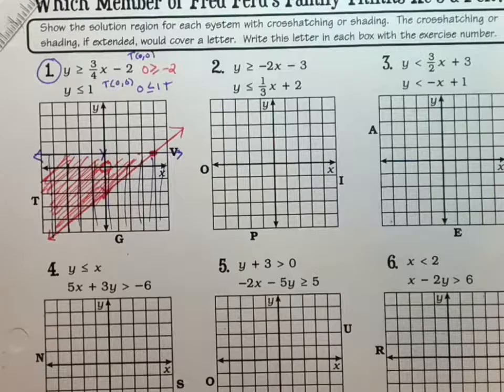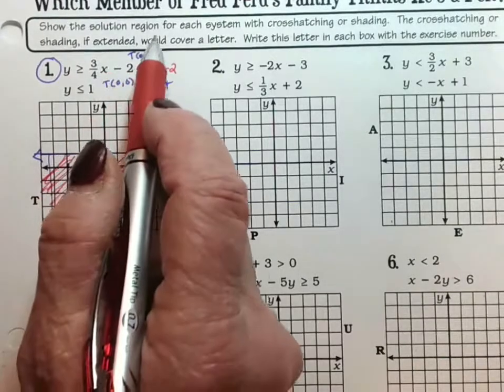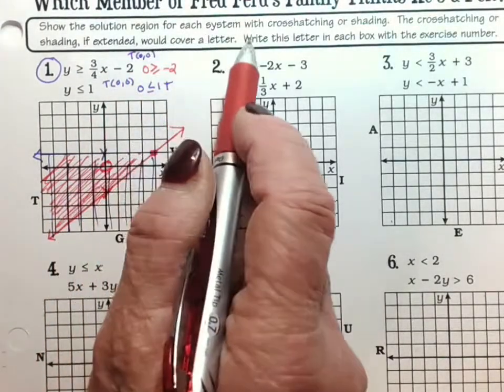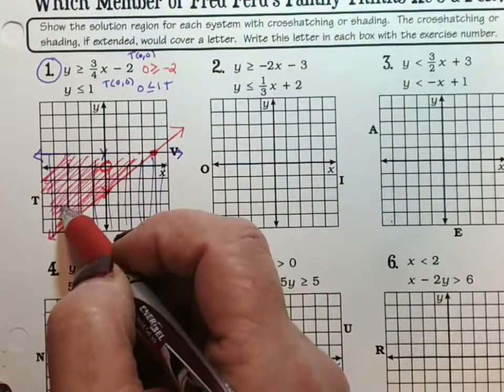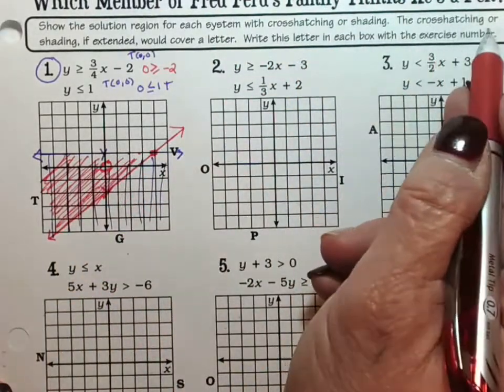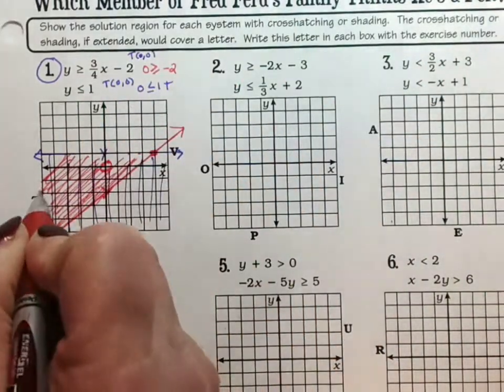Okay? So the way the puzzle works is, which member of Freddie Ferd's family thinks he's a pen? Show the solution region for each system with cross-hatching or shading. We just did that. The cross-hatching or shading, if extended, should cover a letter. It does.